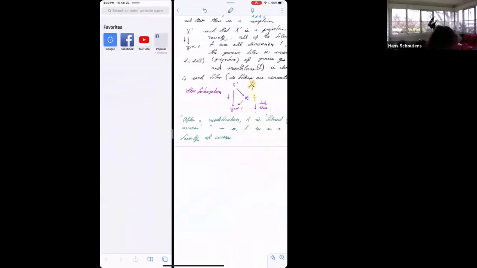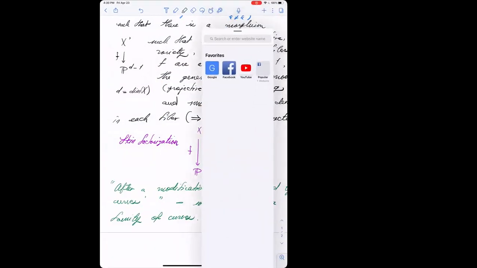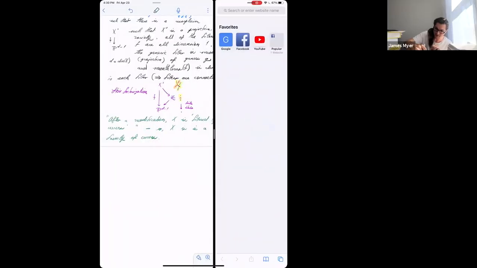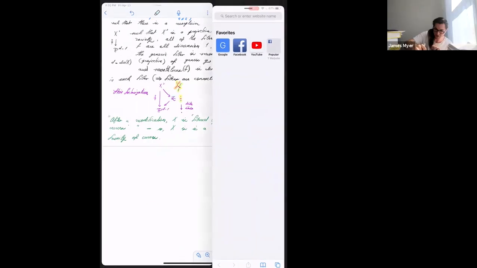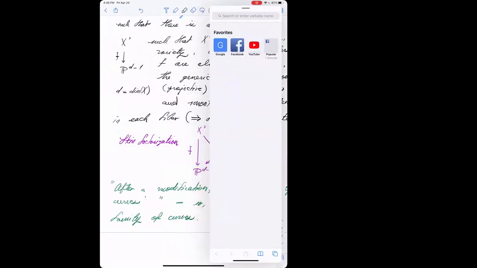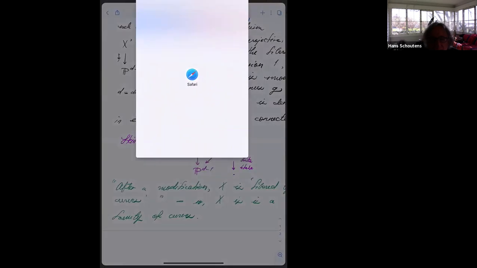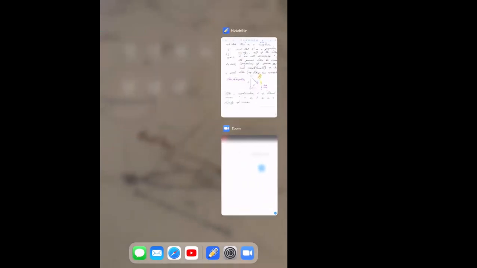Drag the windows, enlarge the nodes, the note taking app you are using. Oh, there we go. Great.